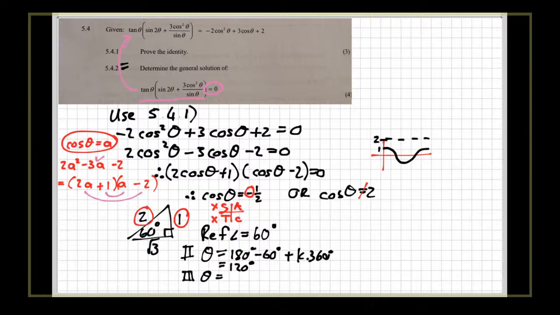In quadrant 3, it is 180 plus 60, which leads me to 240 degrees. And for both of them, plus k times 360. And what must I never forget? K is an element of z. Let me write that a bit bigger. I am trying to go way too small here. K is an element of z. Please do not lose that 1 mark.